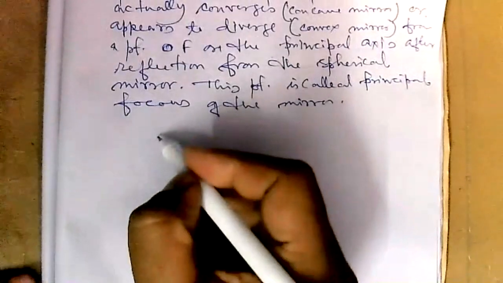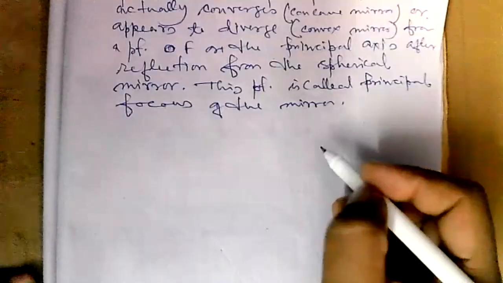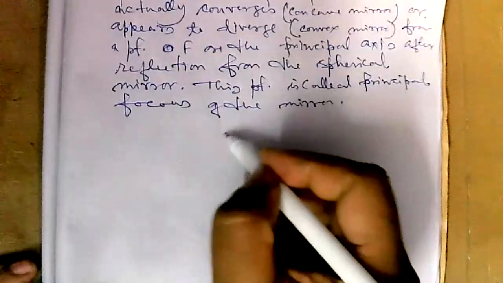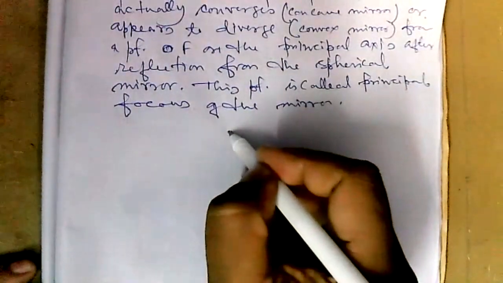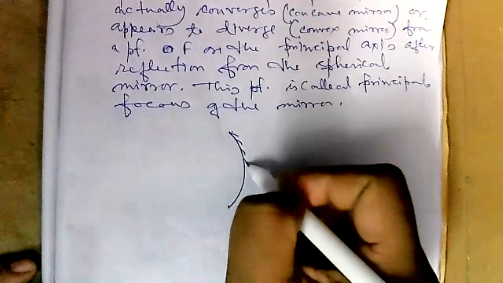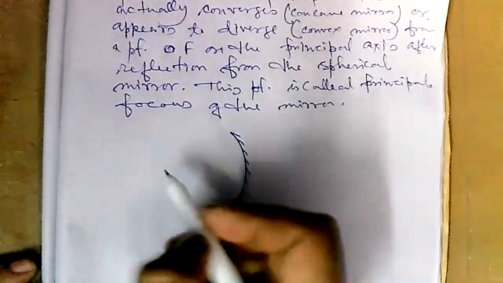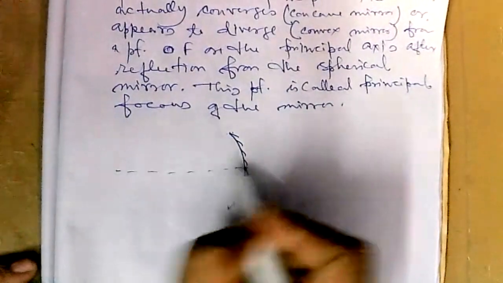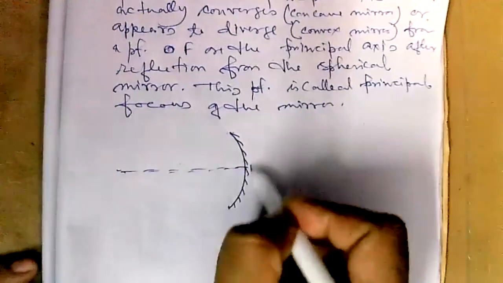So just showing you by drawing figures. This is a concave mirror. This is the pole.